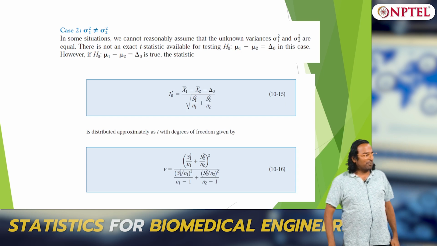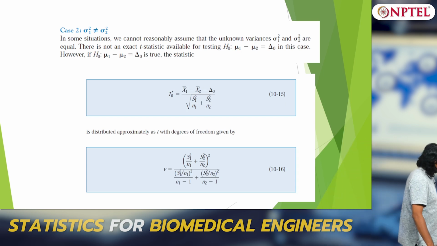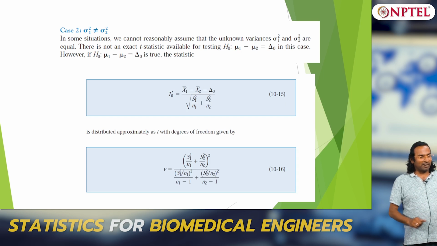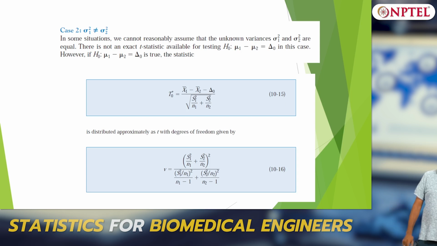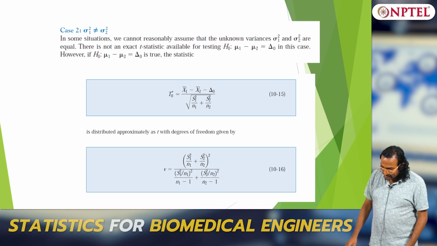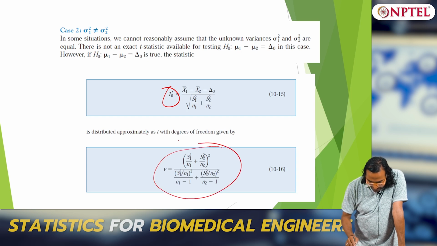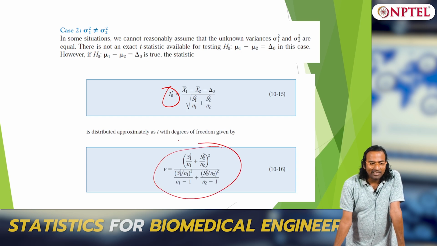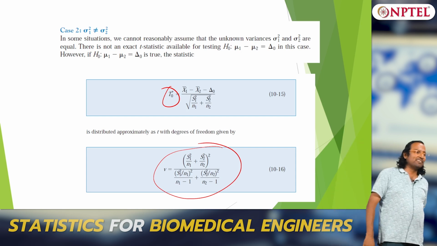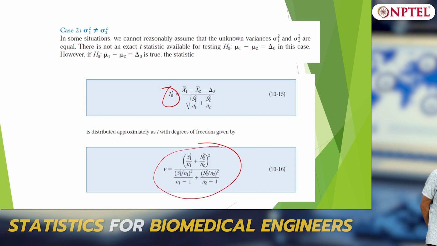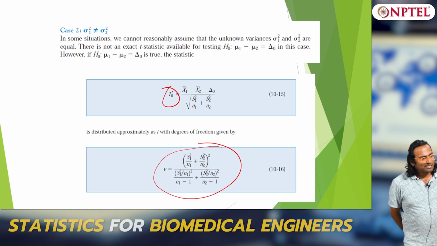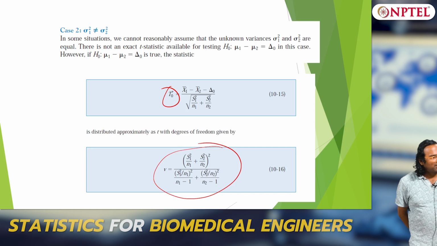The catch here, as we were pointing out, is that the two variances are different, it is not the same, and therefore, this is still a T distribution but with a complicated degrees of freedom, it is not a straightforward degrees of freedom. You understand? In the earlier case it was easy, the degrees of freedom is N1 plus N2 minus 2, because both the populations have the same variance.